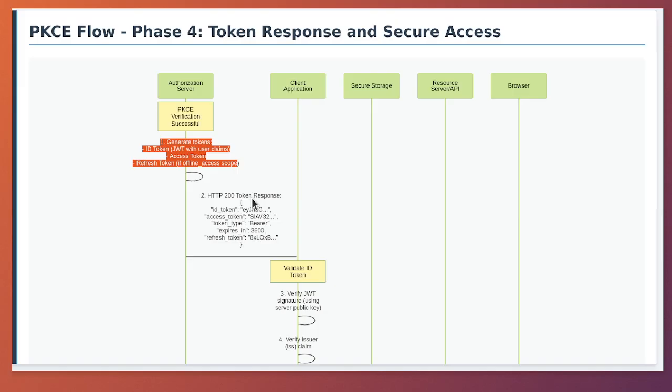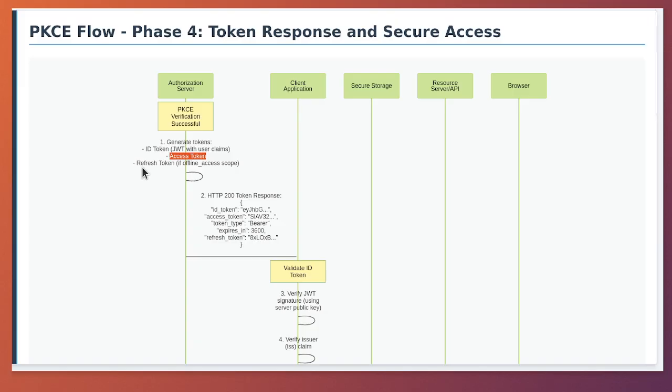The authorization server constructs a token response, which is a JSON object containing several important components. The response includes an access token, which is the credential that the client will use to access protected resources on behalf of the user. The access token can be in various formats.